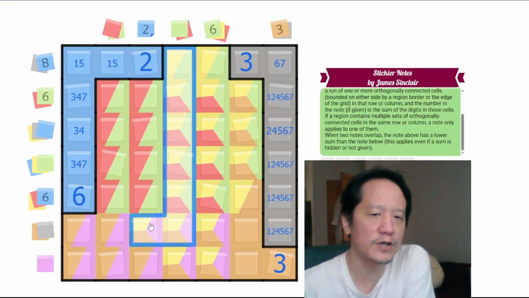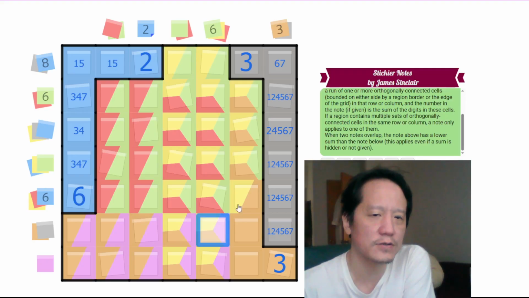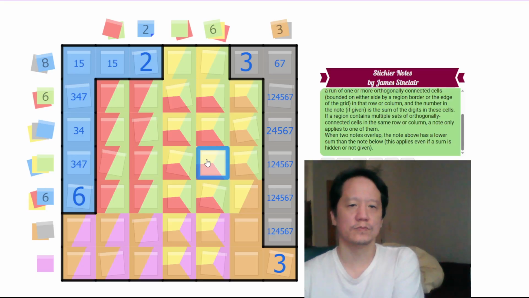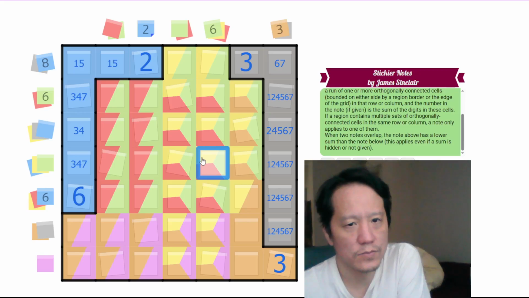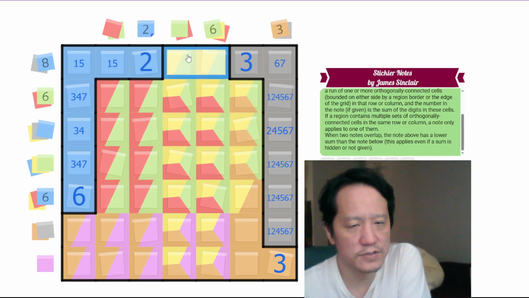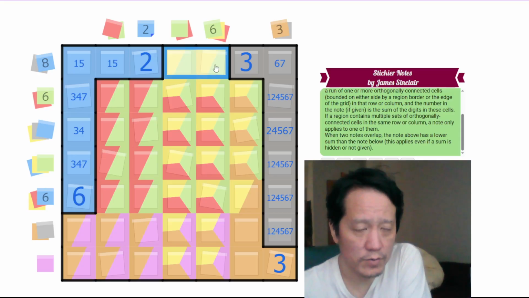The problem with yellow being that is that's too... Yeah, so this can't be yellow, actually, either. One of these is yellow. Could be both.